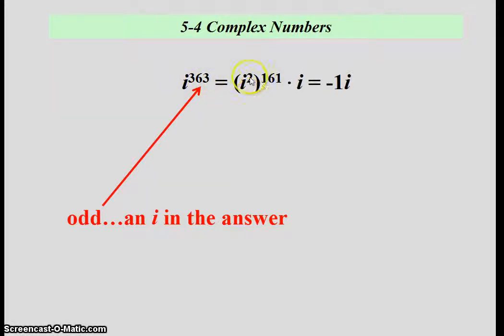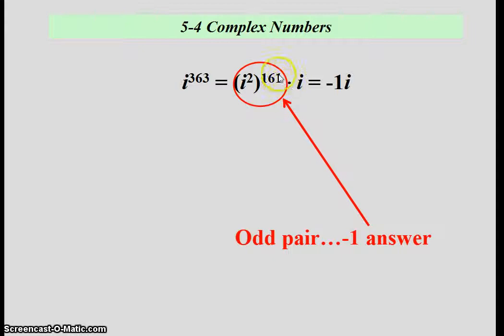How many pairs of i squared would I have? I can divide this by 2, so that gives me 181. So how many pairs do I have? An odd number of pairs, so when I multiply out the negative ones, they won't end up being a positive 1, they'll be a negative 1 as an answer. So I have negative 1i.